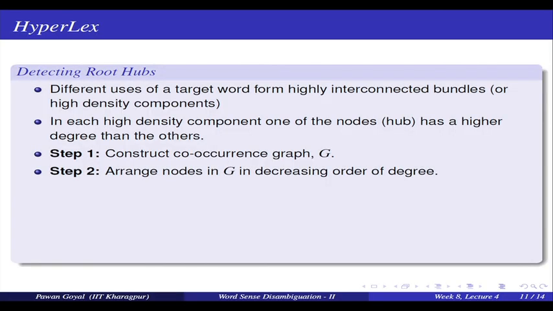Now, so what do you do? This graph is connected around this ambiguous word, like space in the previous example. So first thing I will do, I will arrange all the nodes in this graph in the decreasing order of their degree. So I will forget about the word space, but every other word will be arranged in the decreasing order of their degree. So I will assume that whatever the hubs are will have high degrees here.